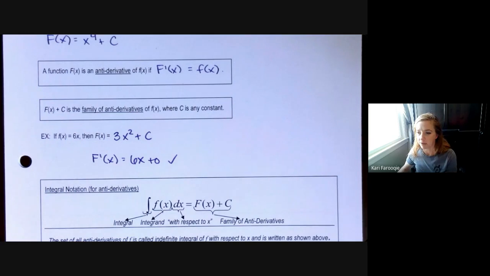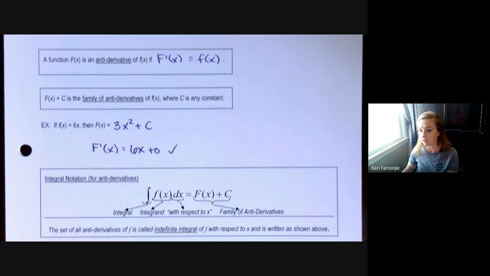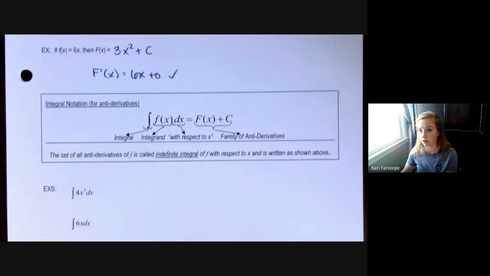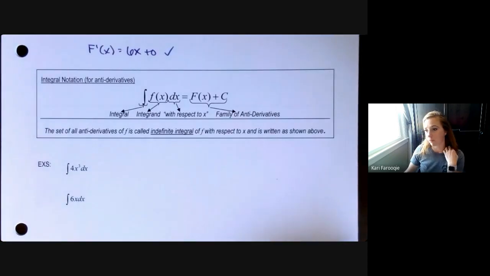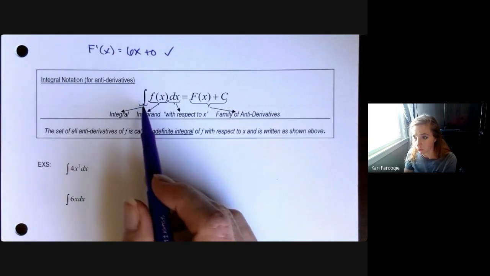Okay. Now, a lot of the time, I don't want you to get too hung up on this notation with the little f and the big F. Usually we talk about antiderivatives being denoted by capital Fs, but we're going to be using this symbolism here for integration. So an antiderivative is written as an integral. So this is the notation for an integral.